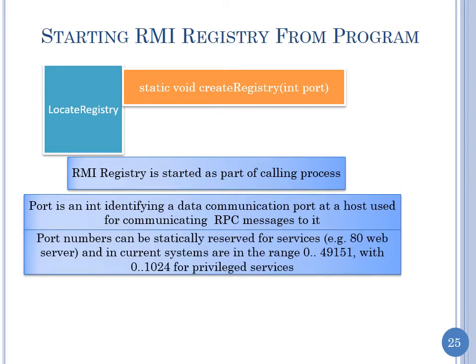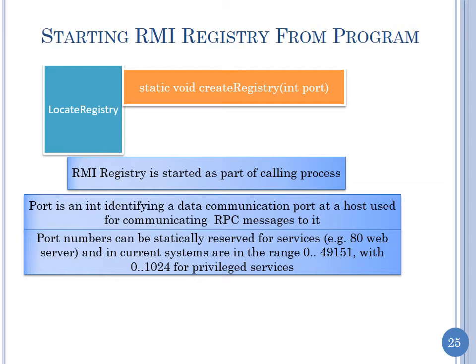Almost everybody probably knows that the web server is port number 80. Port number 80 happens to be a reserved port by a privileged service. Okay, there are also reserved ports by non-privileged services, and then there are temporary ports.